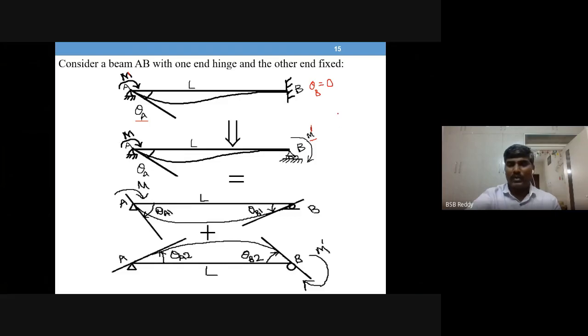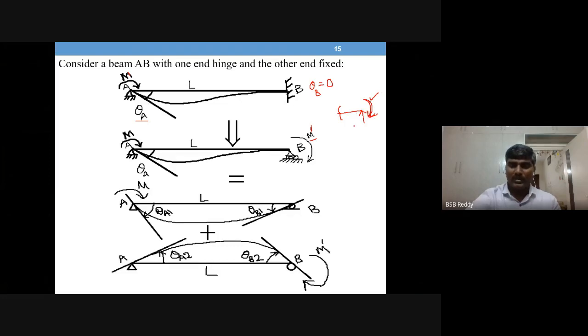If you say fixed end, we'll have two reactions, right? One moment and one vertical reaction. So this is what is meant by fixed support. Because this is a beam, no horizontal reaction. So what we want is only the rotation part, we are interested.